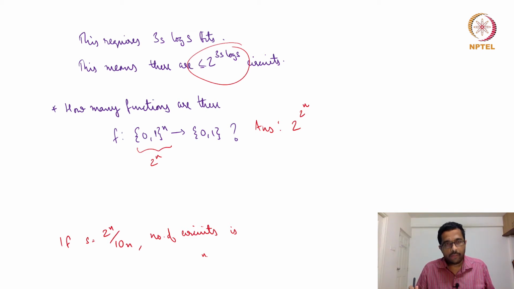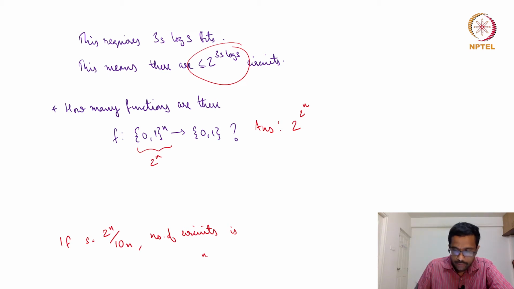So for a certain sized circuit there are only 2 power 3S log S circuits of size S, but for a given n there are 2 power 2 power n functions.